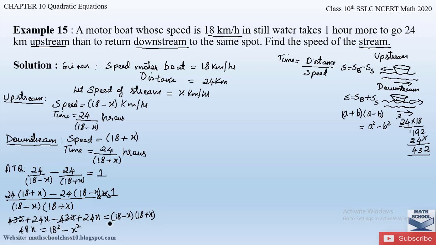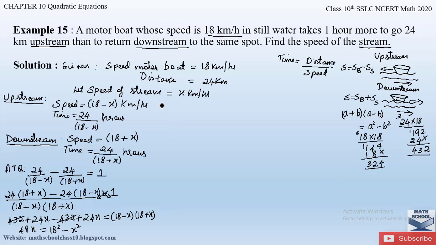So what is 18 square? 18 into 18, 8 8s are 64, 8 1s are 8, plus 6 will be 14, 1 8s are 8, 1 1s are 1. So this will be 4 here. 4 plus 8 will be 12, carry 1, 324.